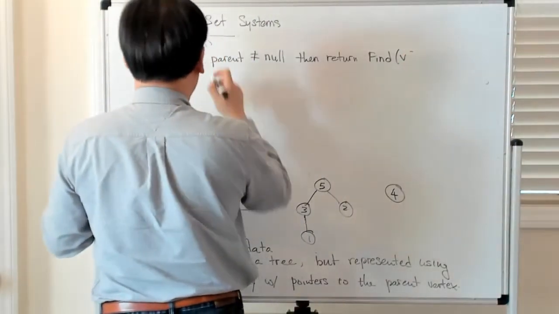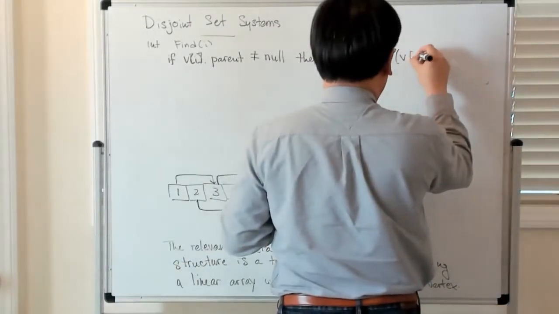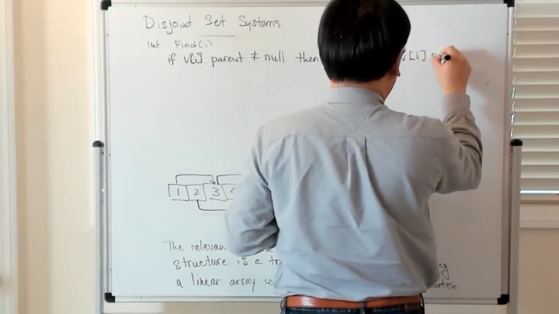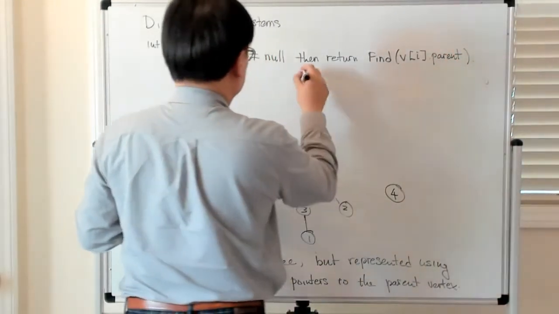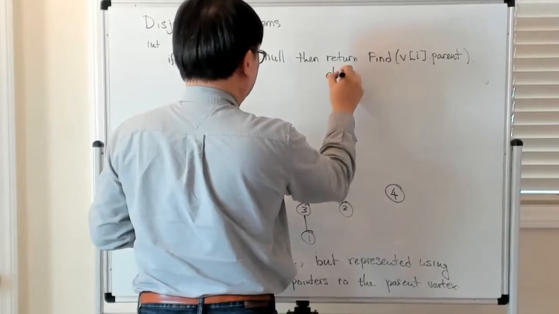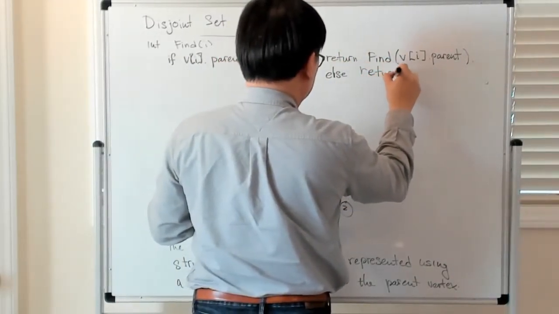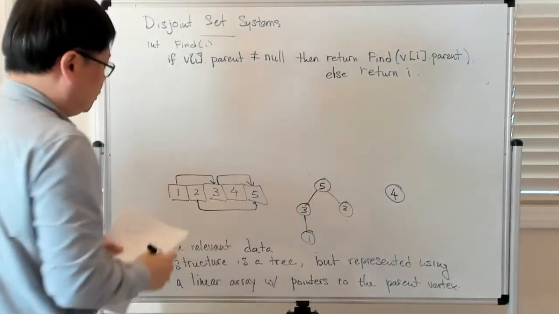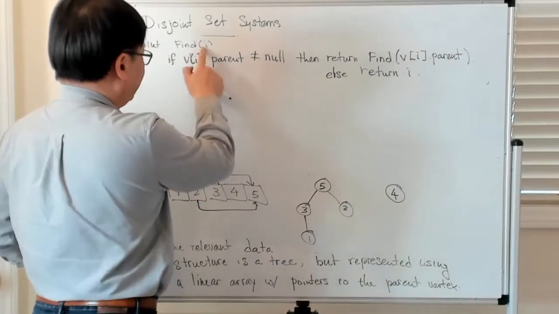So let me use these square brackets. Find v[i].parent. Okay. Else, if it is a root, right? Return just the label. Return i. Okay. So, for example, if you want to find 1, right?